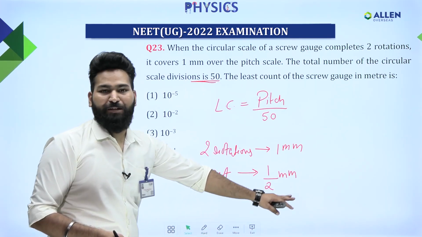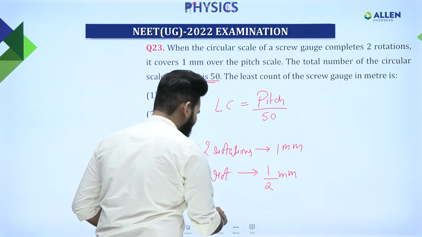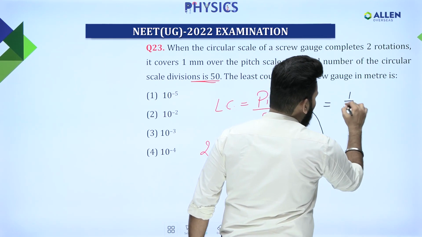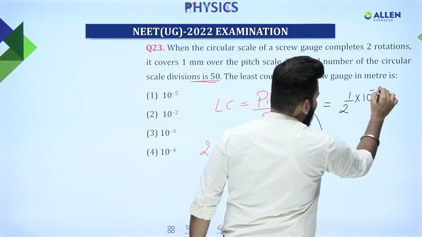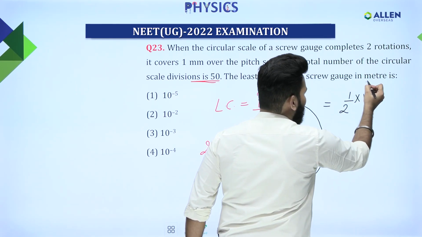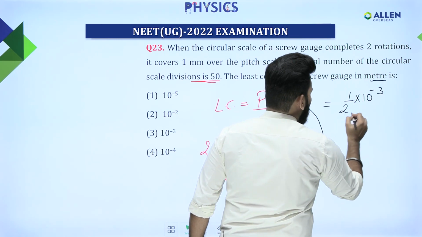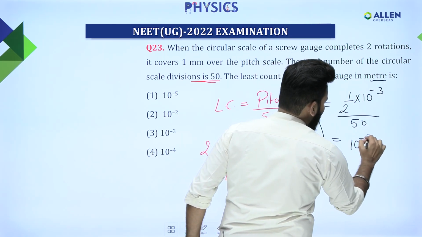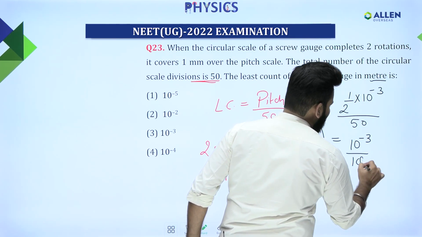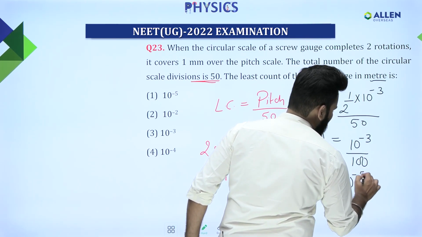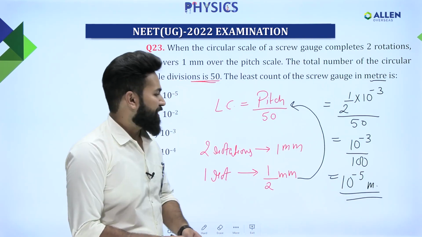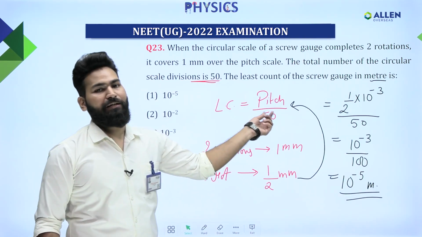So pitch is 1 by 2 mm, and 1 mm is 10 raised to the power minus 3 meters, as we have to give the answer in meters. Divided by 50, this will be 10 raised to the power minus 3 divided by 50 into 2, which is 100. So it will be 10 raised to the power minus 5 meters. So that's the least value that this scale can count.